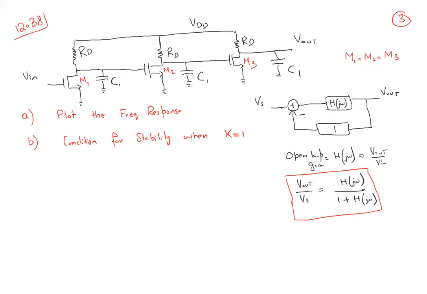In frequency response, what do we do? In part A we draw the frequency response. I might need to redraw again on the next page because I need up and down, but it's okay. Let me draw these things. So we have omega here, which is in radians per second, and I have a magnitude first.